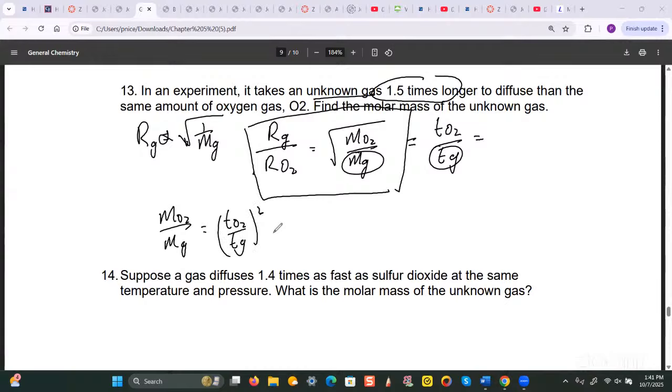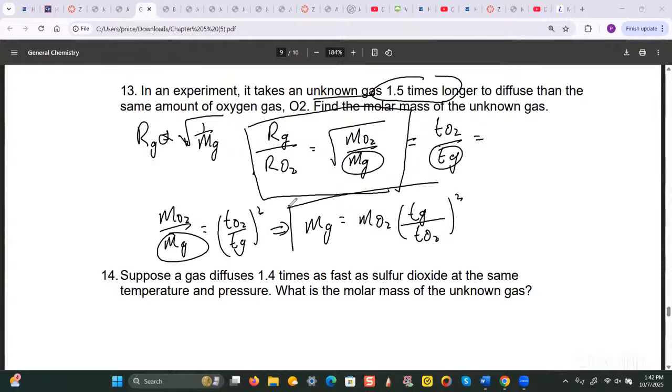And then to find the molar mass of the gas, that would be equal to MO2 multiplied by the time of effusion of the gas divided by the time of effusion of oxygen, squared, all right? So this is the expression we're going to use to calculate the molar mass of the gas.